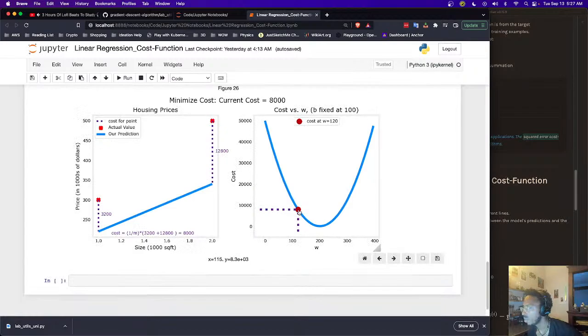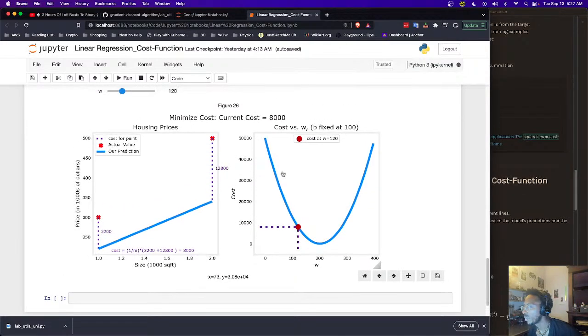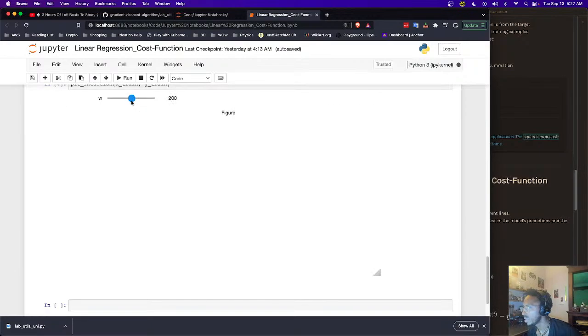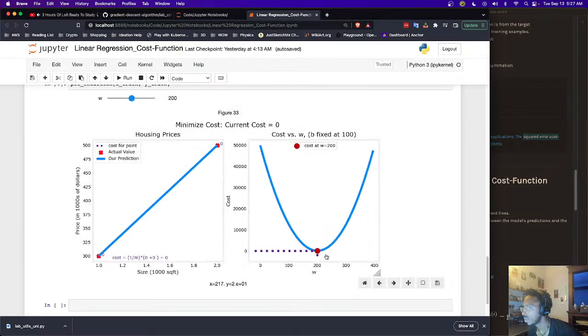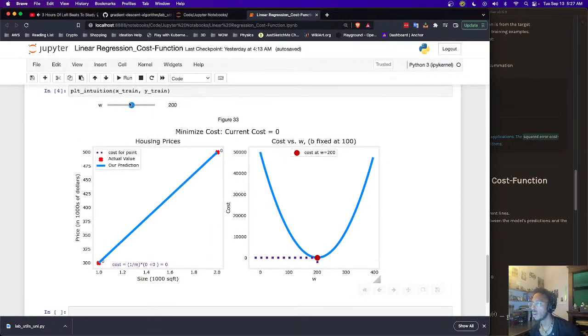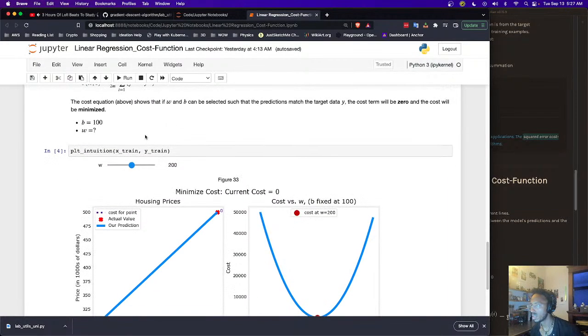As this gets adjusted, we see that this red dot, which is the cost, shifts. The goal is to have this red dot at the lowest point of this parabola, because the lowest point is the lowest cost for our model. In this case it's going to be 0 when the weight is 200.